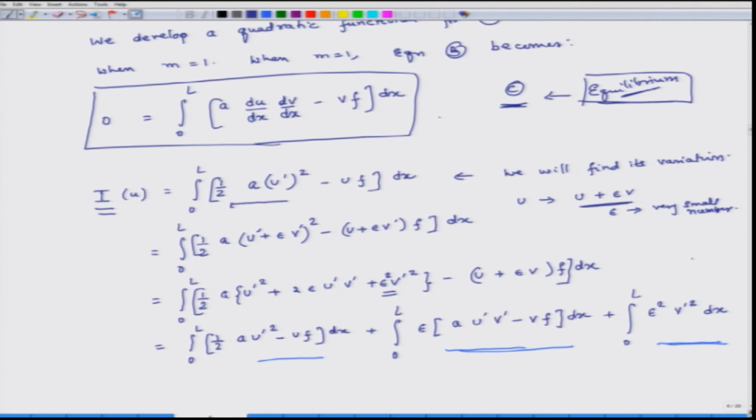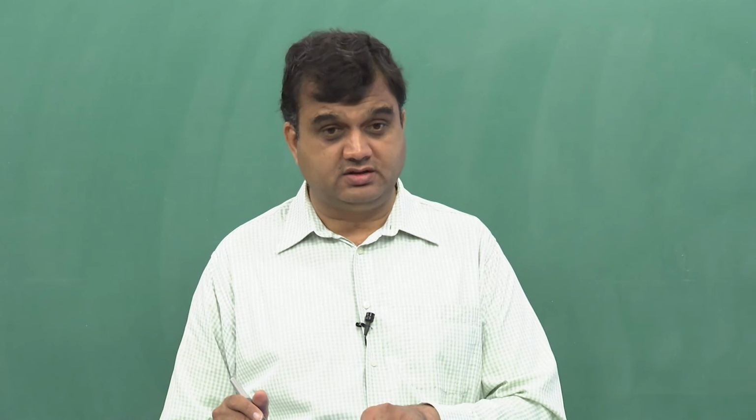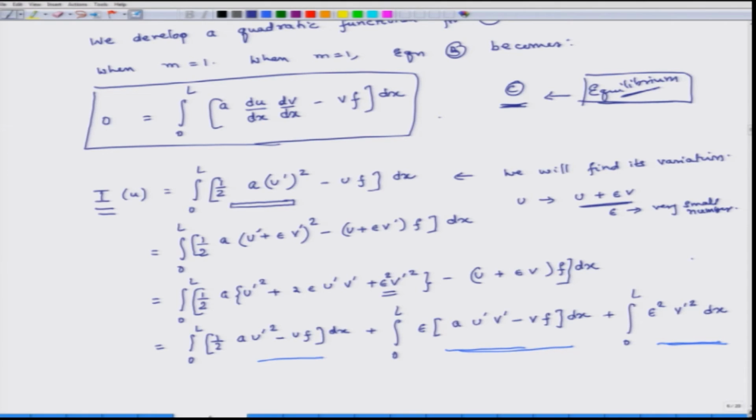This term is what? If there is a bar under tension, then stress is equal to E times strain, right. U prime is strain. So, strain times E is stress, and so it is stress times strain.